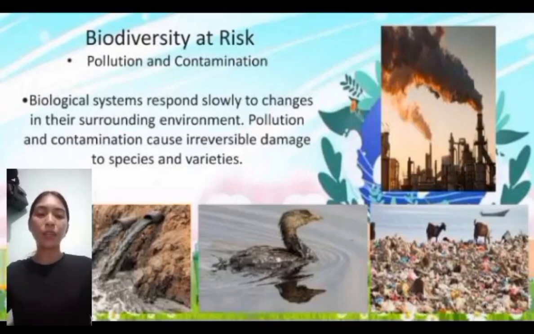Pollution and contamination. Biological systems respond slowly to changes in their surrounding environment. Pollution and contamination cause irreversible damage to species and varieties. Biological systems like ecosystems or species respond slowly to changes, making them vulnerable to pollution.